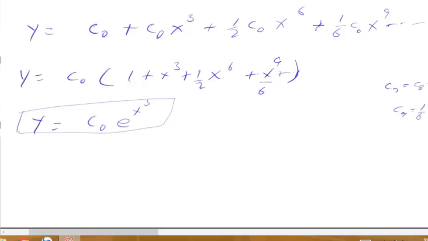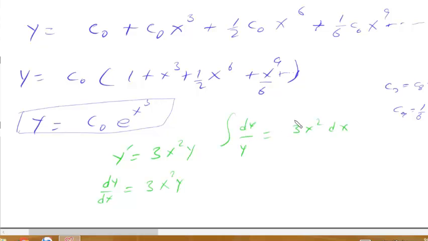The equation is y dash is equal to 3x square y. Then we can write this as dy divided by dx is equal to 3x square y. Then we separate the variables: dy divided by y is equal to 3x square dx.